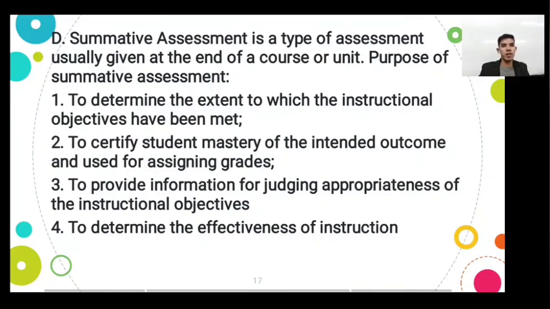Okay po? Meaning to say, pumapasa yung mga estudyante. Ibig sabihin kasi nun, kapag pumasa yung estudyante mo, your instruction during the class discussion is nakuha ng mga bata. Okay? That's the purpose of summative assessment.